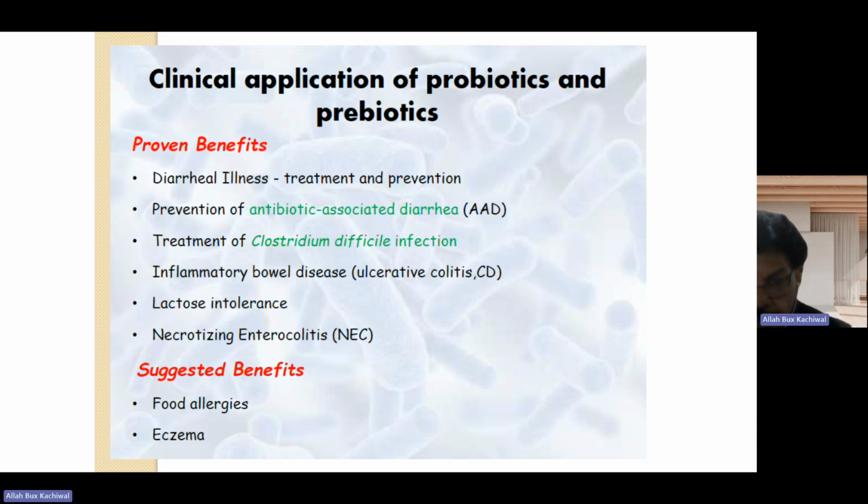Lactose intolerance can be treated with a probiotic and a prebiotic. Necrotizing enterocolitis is also treated by a probiotic and a prebiotic. A suggested benefit is that food allergy and eczema can be treated with a probiotic and a prebiotic.